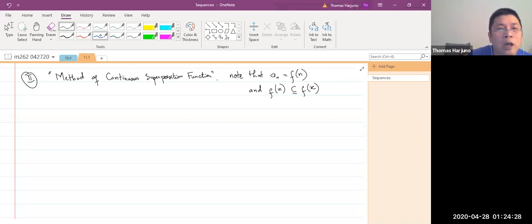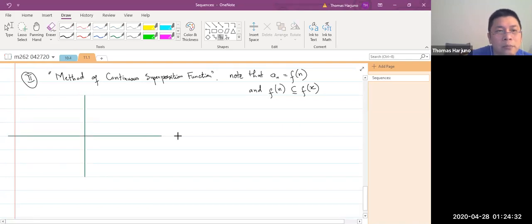Suppose I have a rectangular coordinate system. I don't need a big one. And then I have the sequence, when I graph it, it turns out to be like this. Those are the terms.